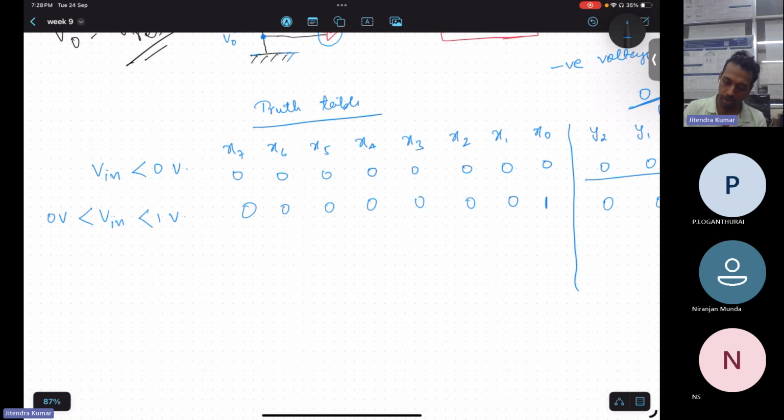Now let us see if Vin is higher than 5 volt but less than 6 volt. How do you represent it? Which of them will be 1 and which will be 0? You have to let me know.